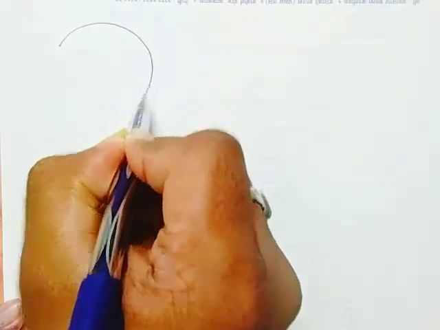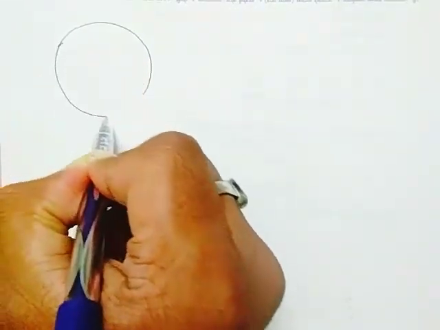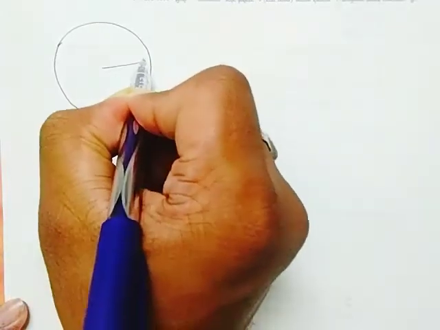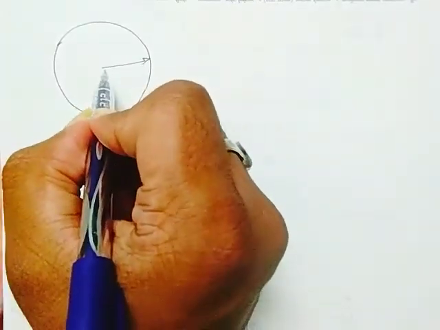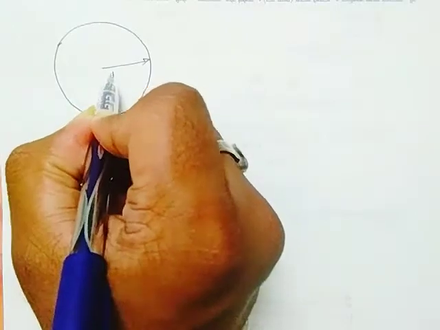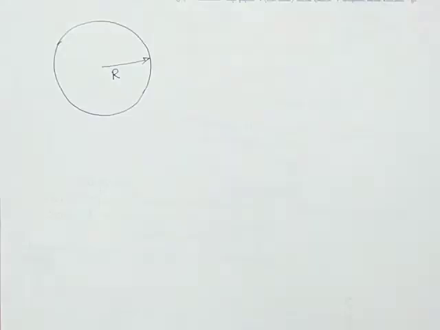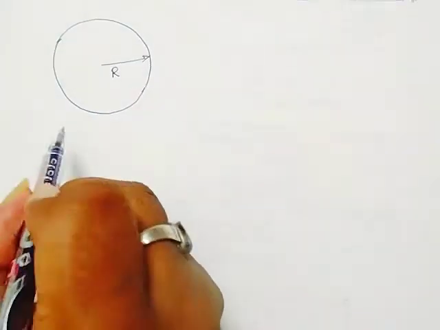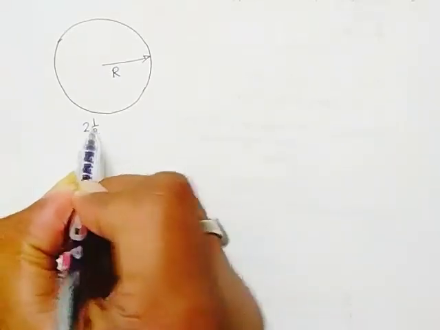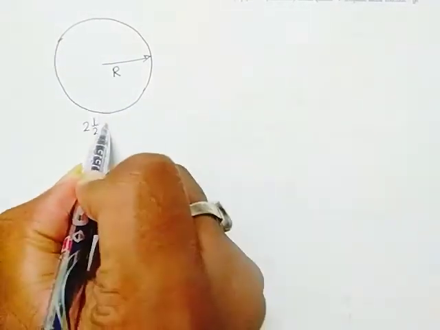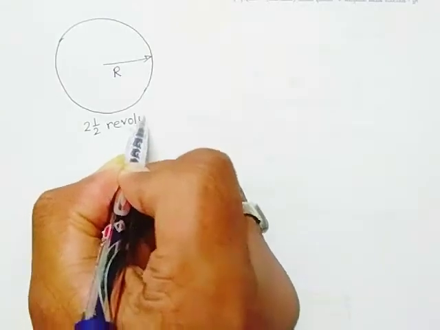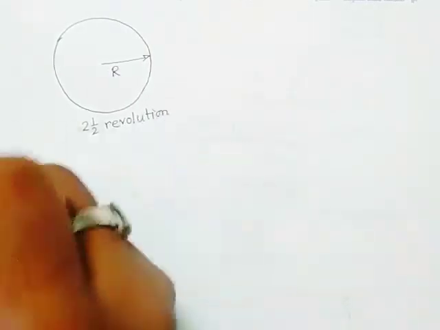Now if I again consider a circular track of radius capital R, this athlete now completes 2.5 revolutions. At first we have to consider the starting point.